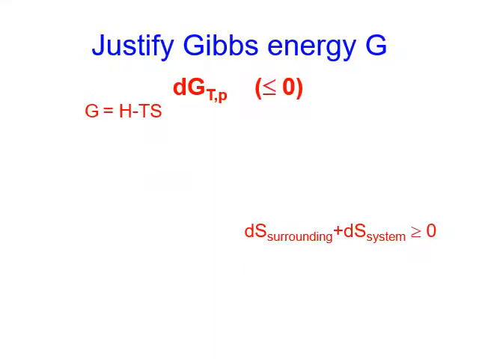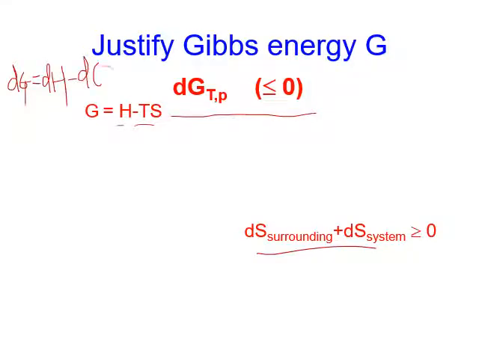Let's justify the new criterion. Under constant temperature and pressure, Gibbs energy decrease is equivalent to the total entropy increase. Gibbs energy is defined as H minus TS, and the Gibbs energy change dG will be dH, the enthalpy change, minus d(TS), which equals TdS plus SdT.